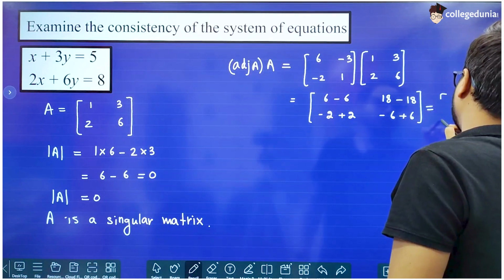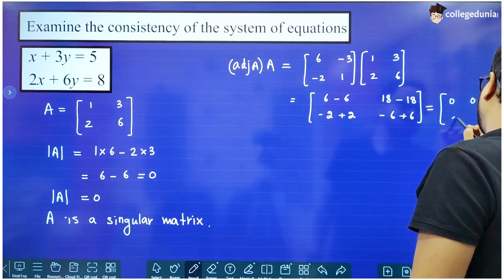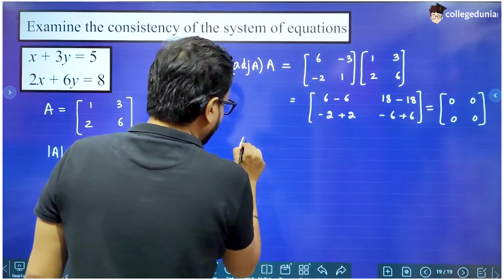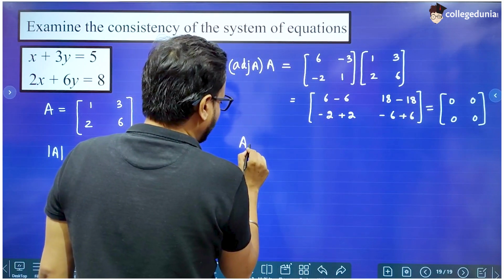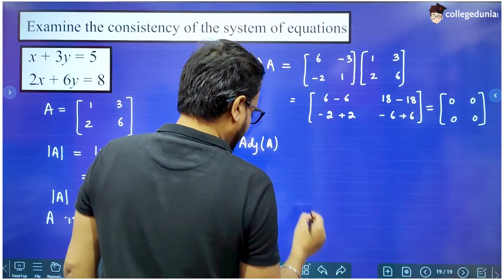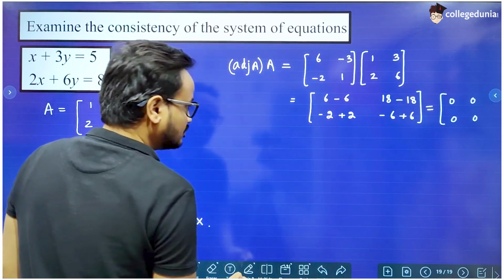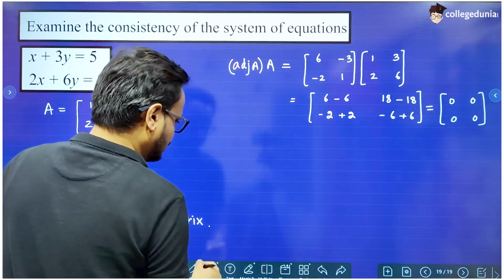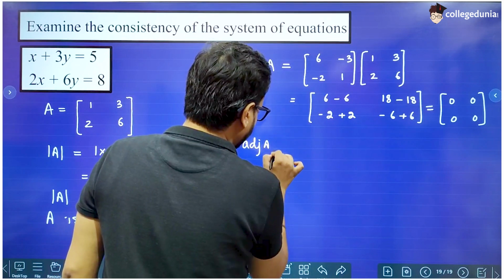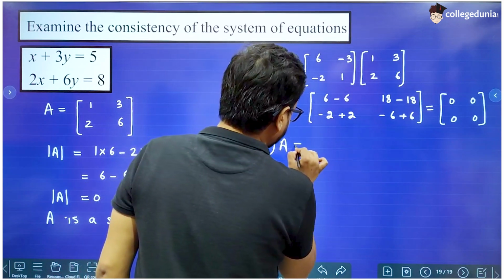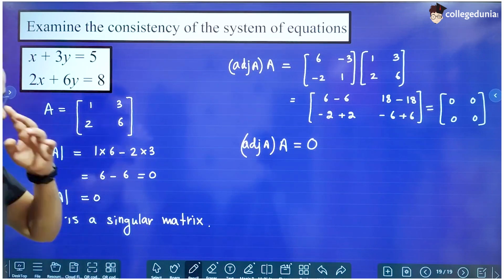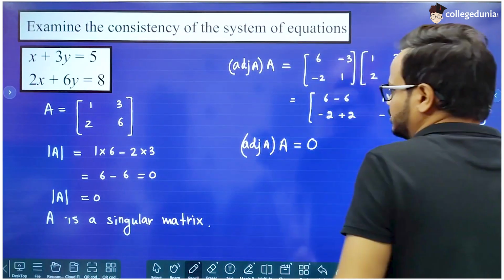All these elements are equal to 0. That means adjoint A into A is a null matrix, right? So this system has infinite solutions, or may not.